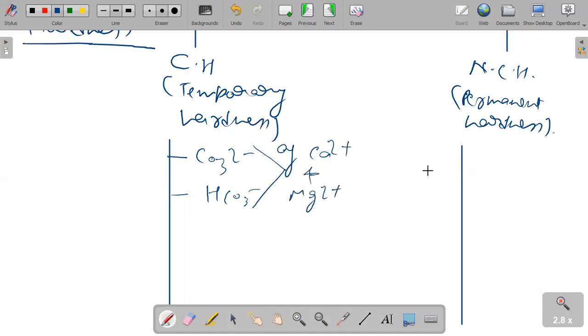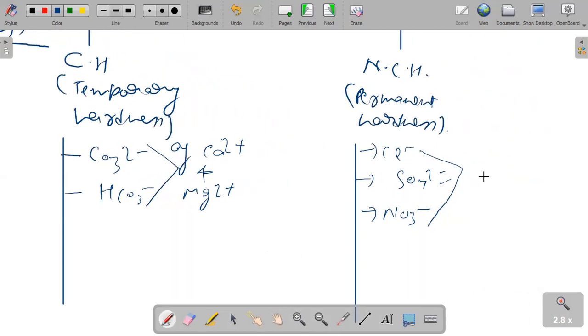And in non-carbonate hardness, we have Cl minus, SO4 2 minus, and NO3 minus of Ca2 plus and Mg2 plus. Okay, so this is about carbonate hardness and non-carbonate hardness.